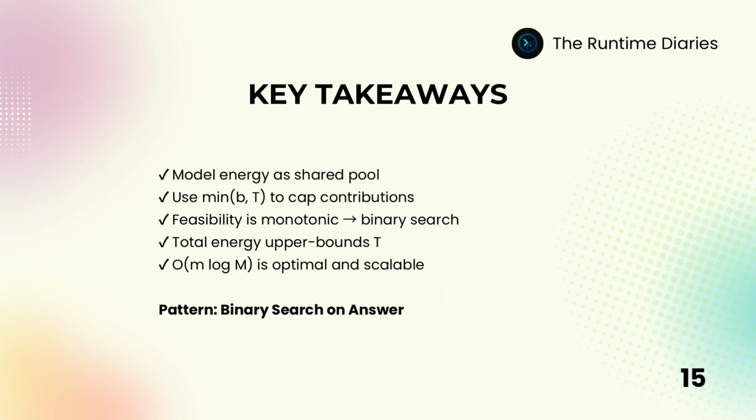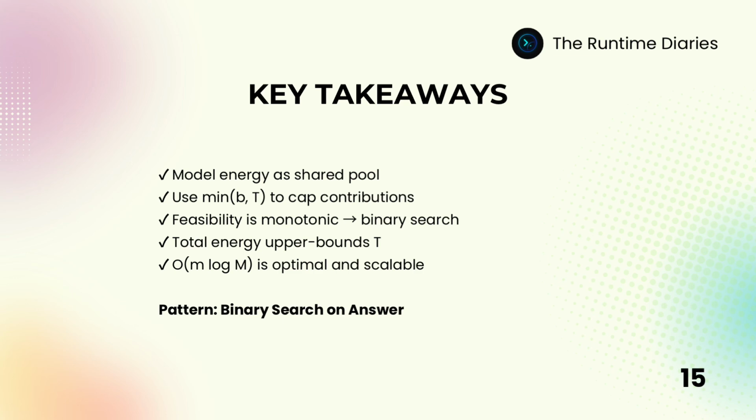If you take nothing else away from this video, take this. First, think in terms of shared resources, not individual assignments. Second, cap contributions with min of battery and t to avoid overestimating. Third, feasibility is monotonic, so binary search works perfectly.